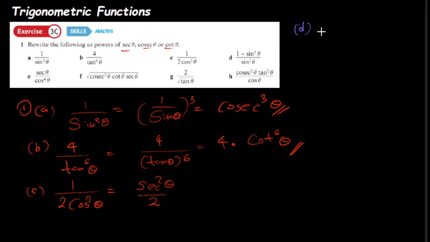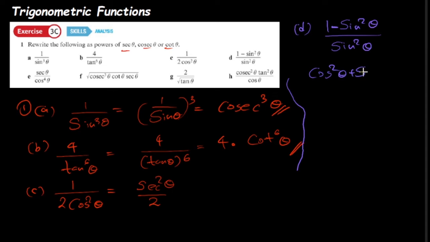D. In this D, I have 1 minus sine square theta divided by sine square theta. 1 minus sine square theta: if you remember, we had the identity we learned earlier, cos square theta plus sine square theta equals 1.